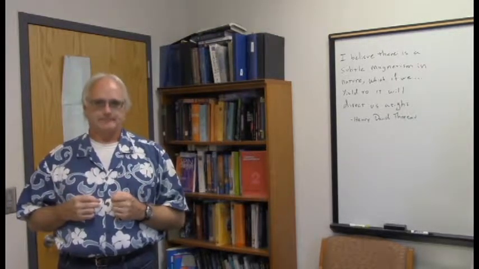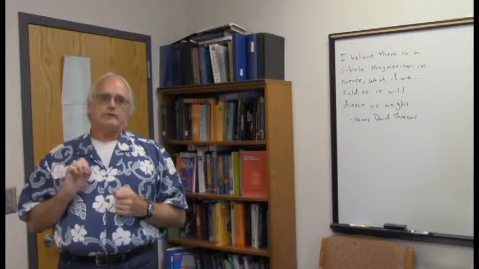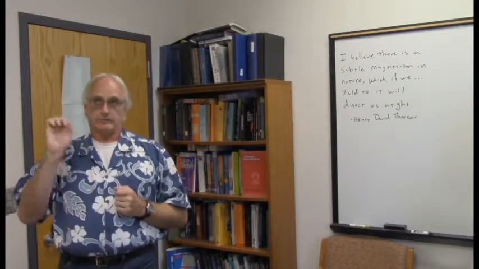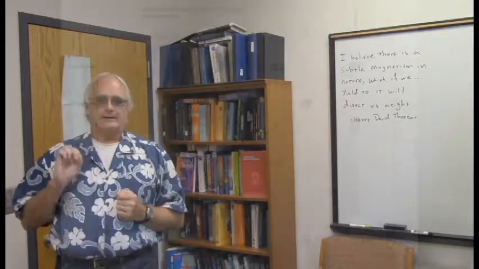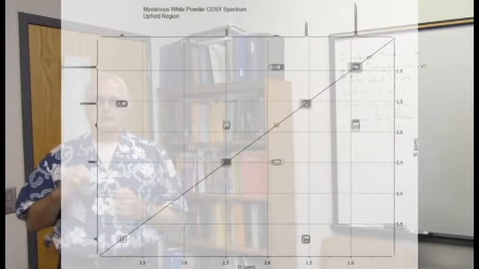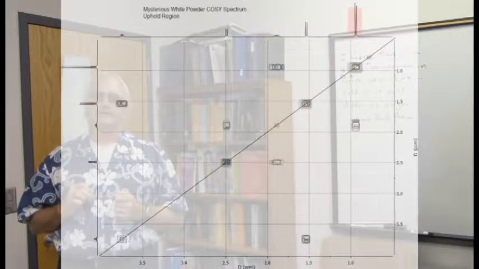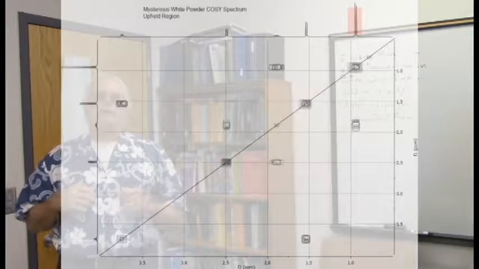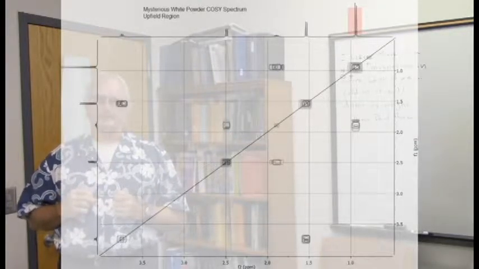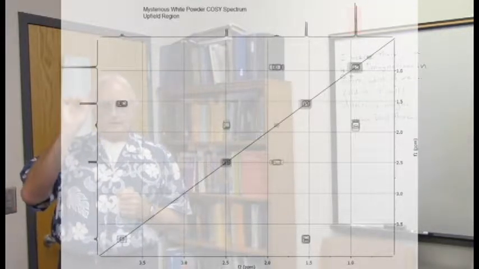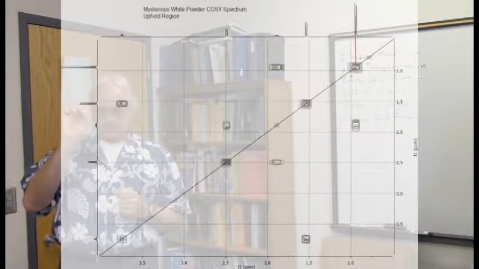So here's how we do it. On the COSY spectrum, and I usually will start here at the top, we find the resonance of our 2 equivalent methyl groups, the one that integrates to 6, here at slightly less than 1 ppm. We draw a vertical line down from that resonance.